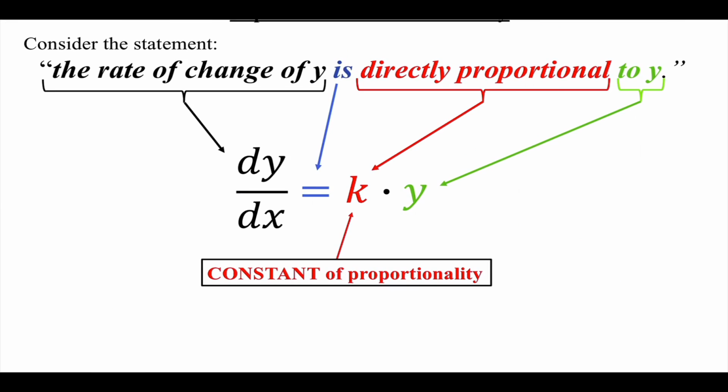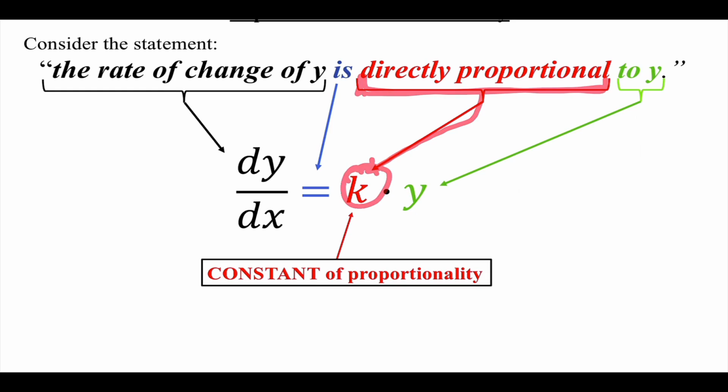The rate of change. So anytime we have a rate of change, that's a derivative. That's where that comes from. The rate of change in y. So when we're finding the derivative of y, we use dy over dx. "Is," in math, means equals. Directly proportional refers to this guy here, k.